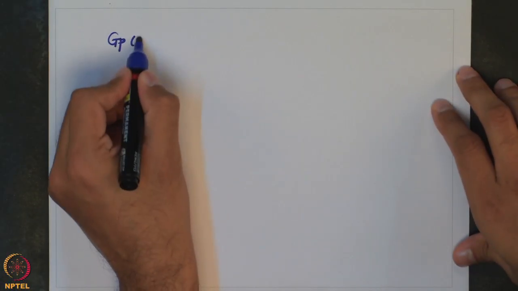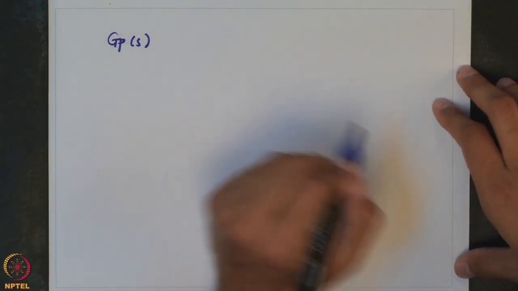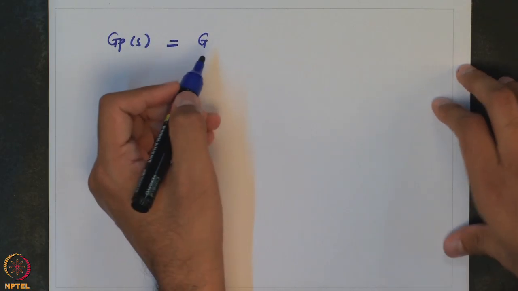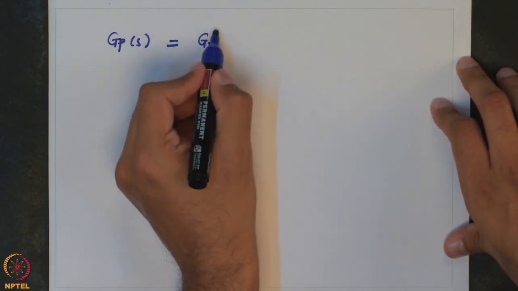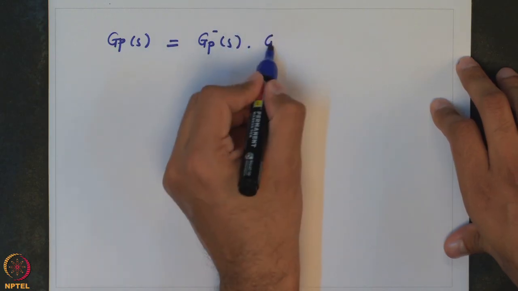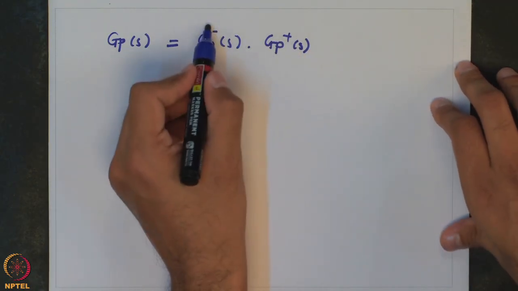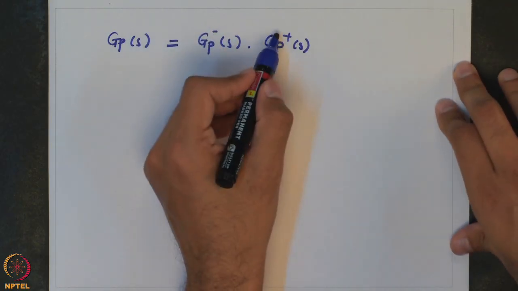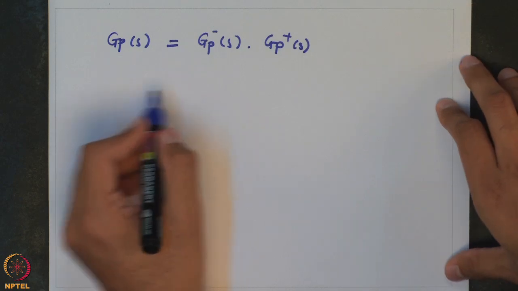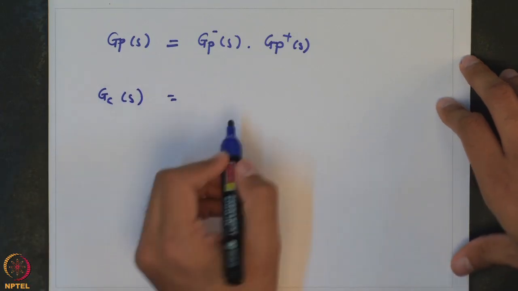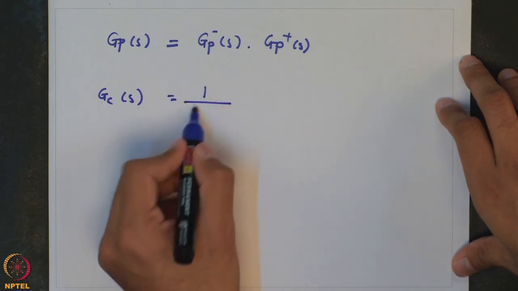So, in general, in the model based control, how do you get the controller? You take your process transfer function. Let us say GP(s) is the process transfer function, you break it up into whatever is the invertible part. So, you convert it into GP minus (s) multiplied by GP plus (s), where GP minus (s) is the part which is invertible and GP plus (s) is the part which is non invertible, and then in terms of your control you invert the invertible part.